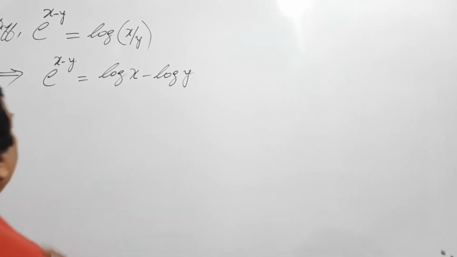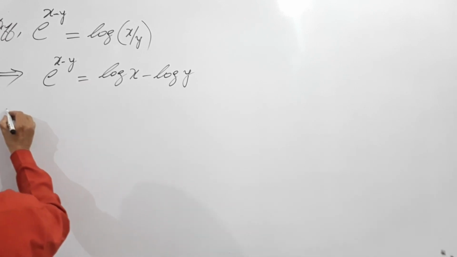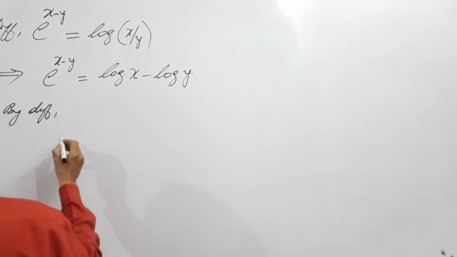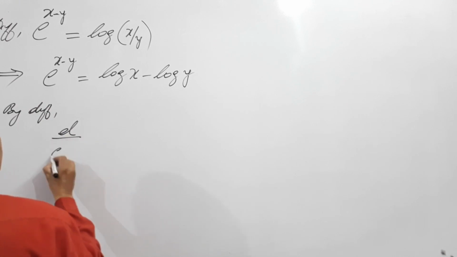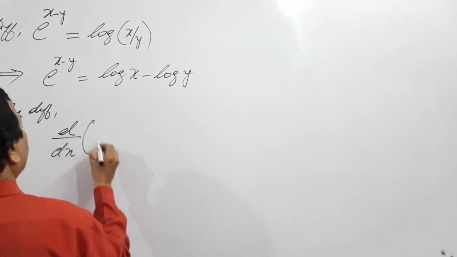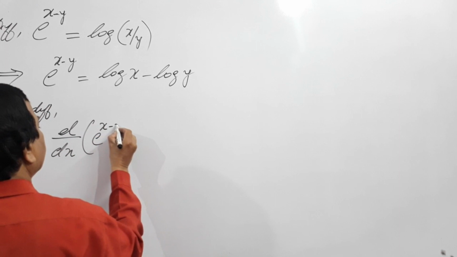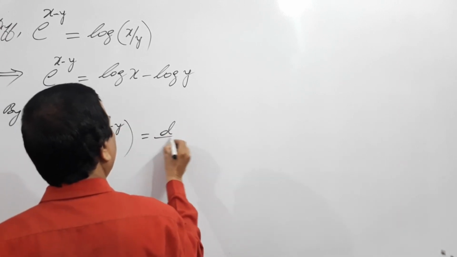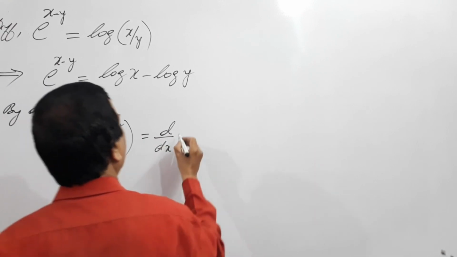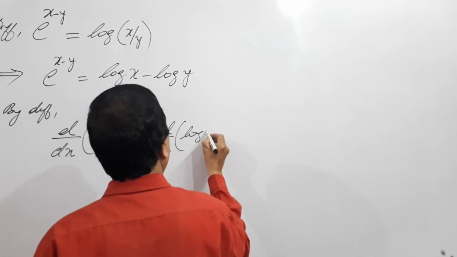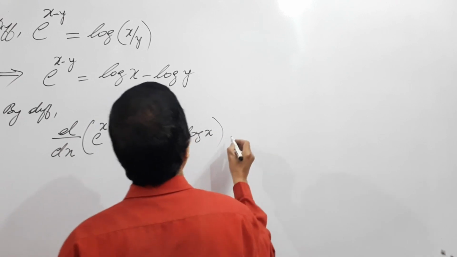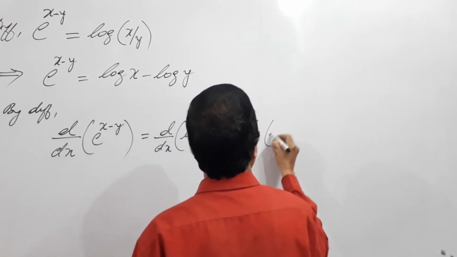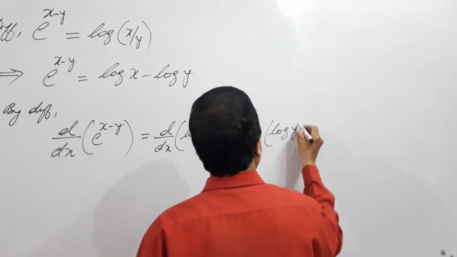Now we will differentiate this. What happens here? d by dx of e to the power of x minus y equals to d by dx of log x minus d by dx of log y.